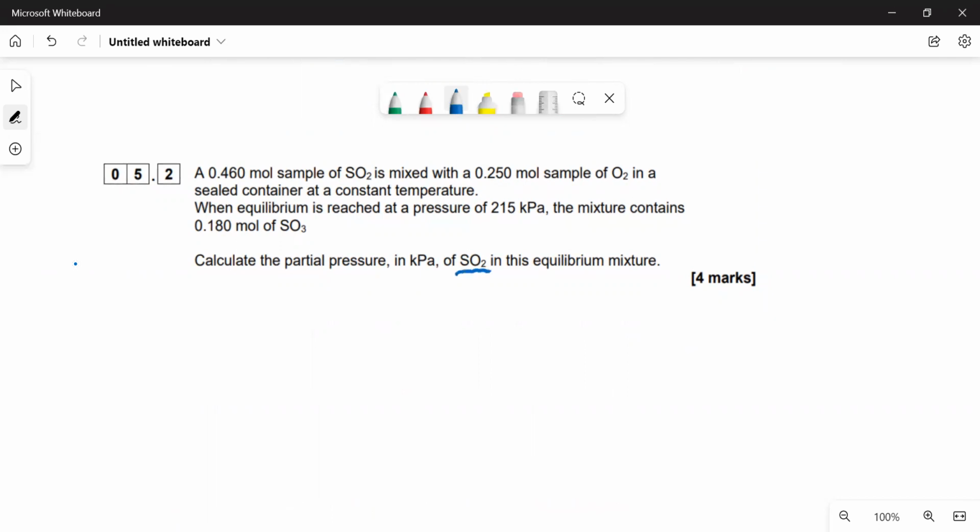So we're going to construct our usual thing, where we write down the equation, which is 2SO2 plus oxygen goes to 2SO3.